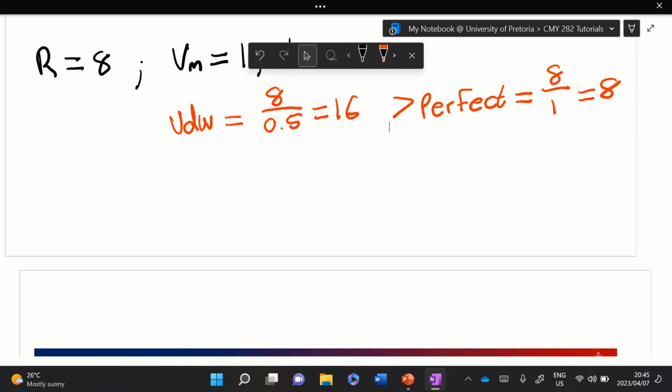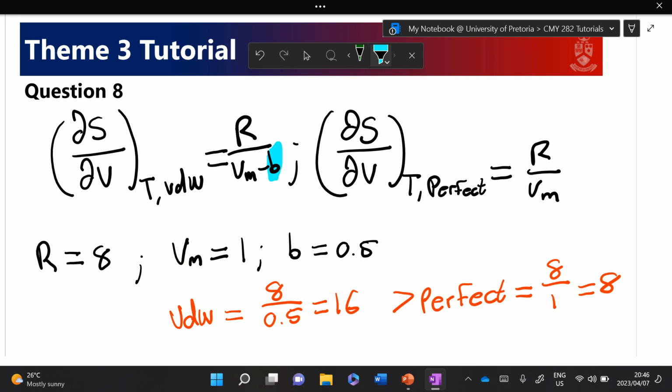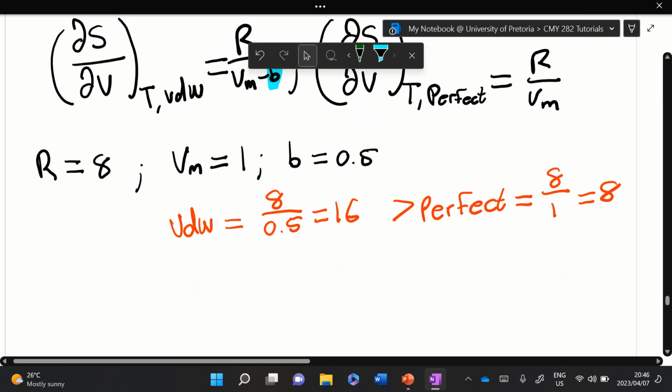A perfect gas only has the normal disorder of gas molecules. But in a van der Waals gas, we have the normal disorder plus this B term in the equation, which adds to the fact that they're repelling each other, adding to the disorder of the expansion, making it more chaotic.